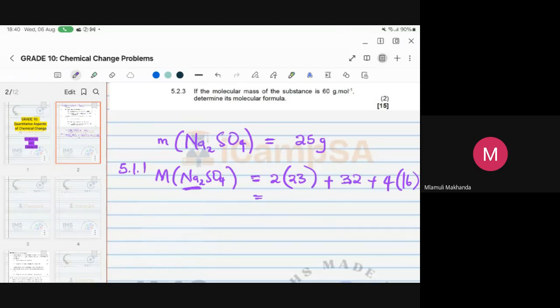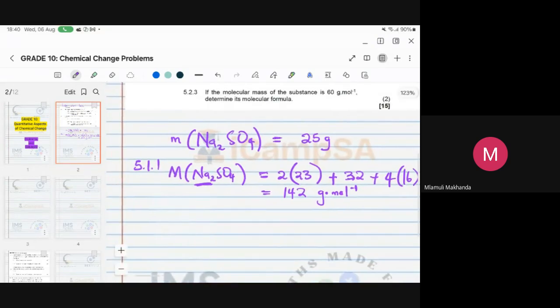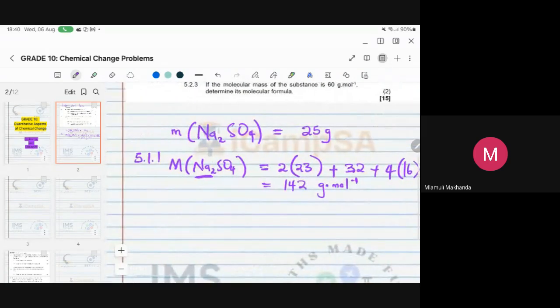But if you want to do that, you can. Then this is about 142 grams per mole. Right. Remember what this means? It means for every mole of sodium sulfate weighs about 142 grams. That's what it means. So now let's find the number of moles in this compound.